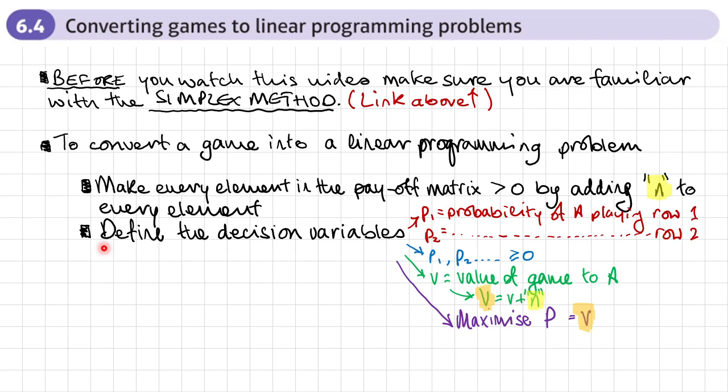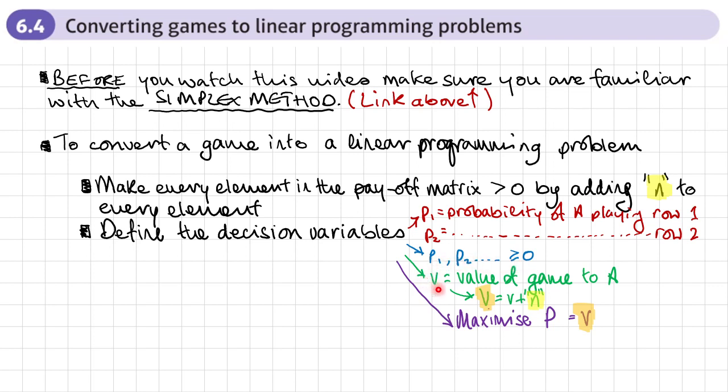The next thing we need to do is to define our decision variables. The first decision variables that we are going to define are probabilities. For example, P1 would be the probability of A playing row 1, P2 the probability of A playing row 2, and P3 the probability of A playing row 3, and so on. We then need to say that each of these probabilities needs to be greater than or equal to 0.